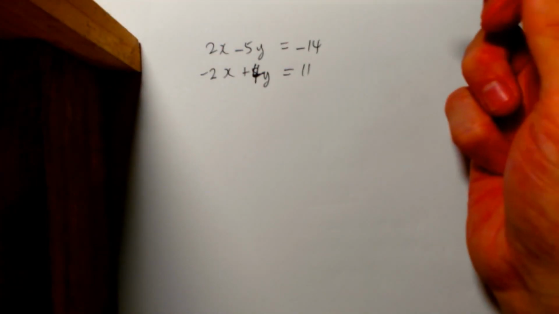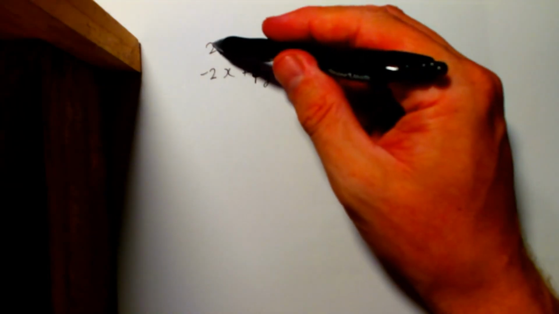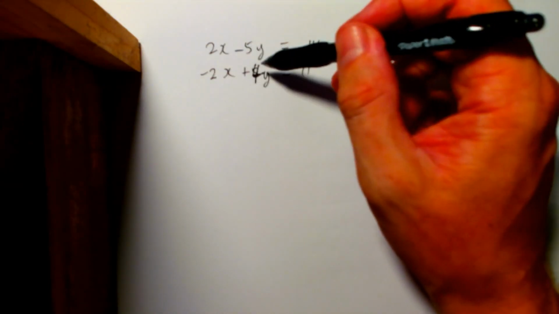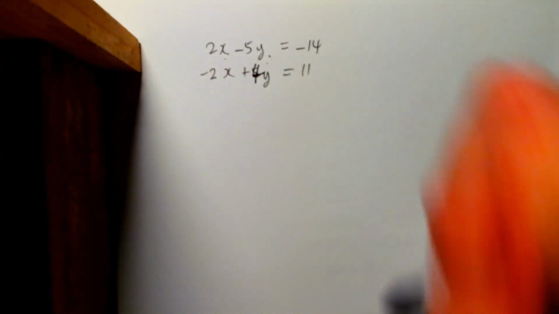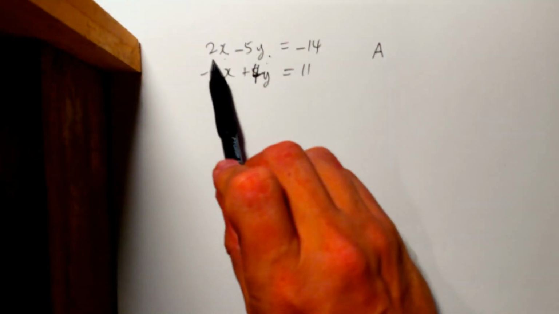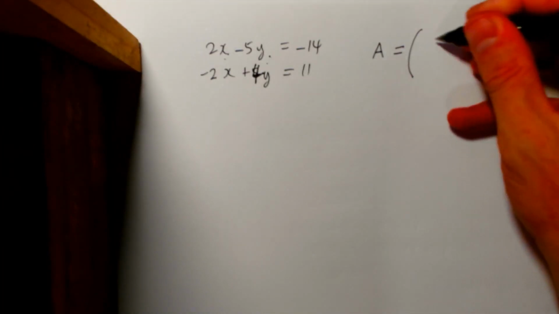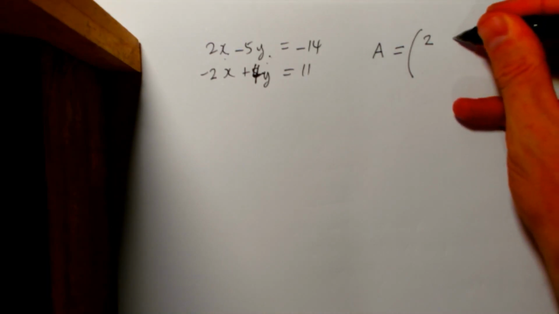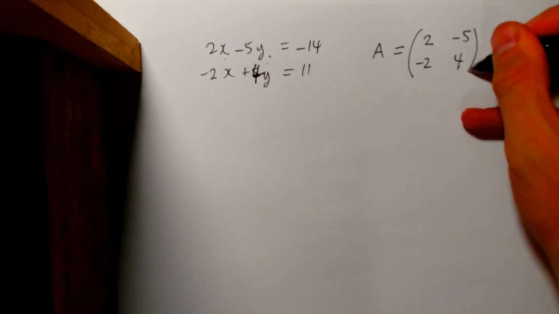So what we want to do first is write this as one matrix equation. Now I'm just going to take the numbers. Here we have these in alphabetical order, x followed by y, left to right when we write it down. So I'm going to write down a matrix from those coefficients, or the numbers next to the letters. So A equals the matrix 2, minus 5, minus 2, and 4.